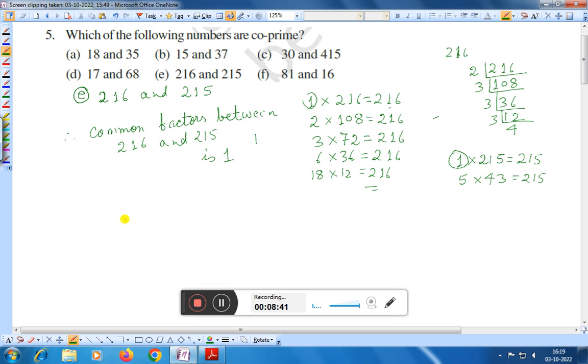If there is only 1 as their common factor, then the numbers will be co-prime.